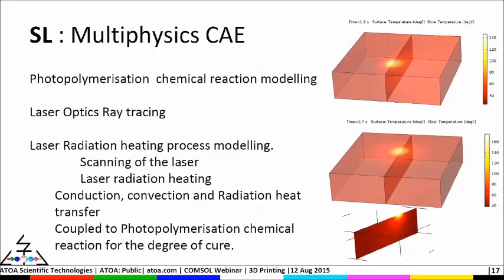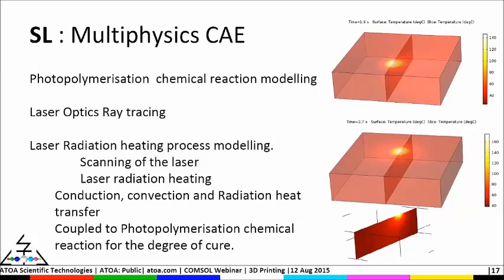This slide shows the multiphysics CAE of the stereolithographic process. The photopolymerization process can be modeled using the COMSOL chemical reaction model. The laser optics can be modeled using ray tracing or a full wave model.